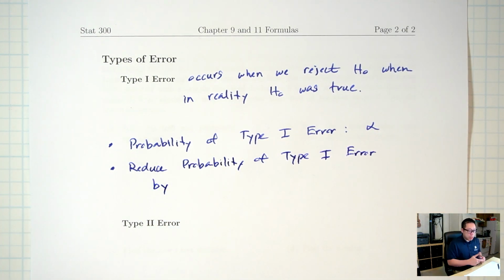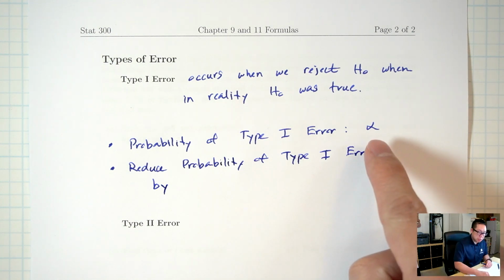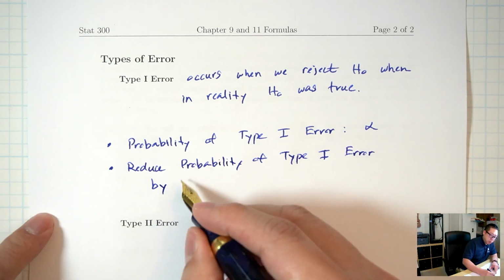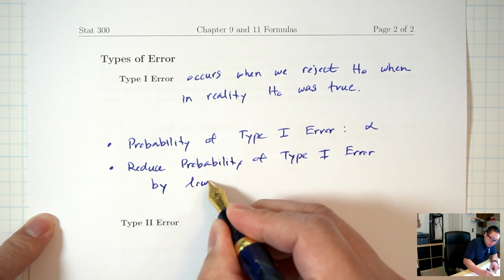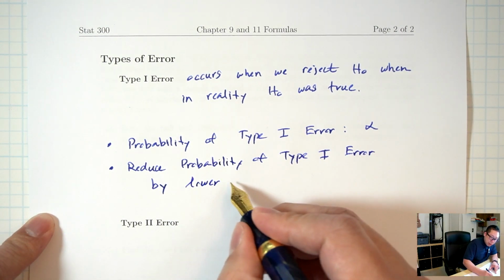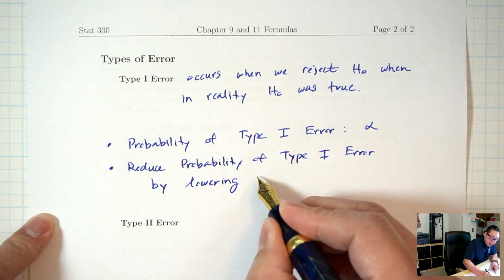Well, the probability of a type 1 error is alpha, so if I want to reduce the probability of a type 1 error, just lower your alpha. You can reduce the probability of a type 1 error by lowering the alpha.